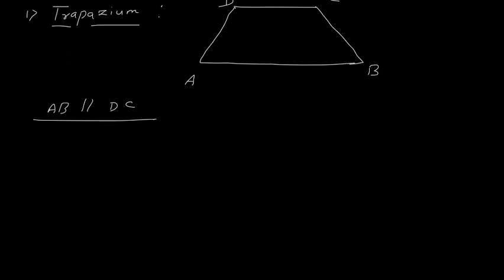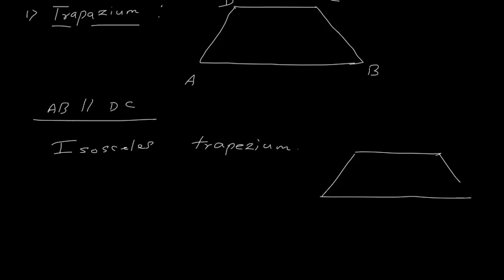So in an isosceles trapezium, these non-parallel sides, that is AD and BC, are equal. So for an isosceles trapezium, we have AB parallel to DC and side AD equal to side BC.